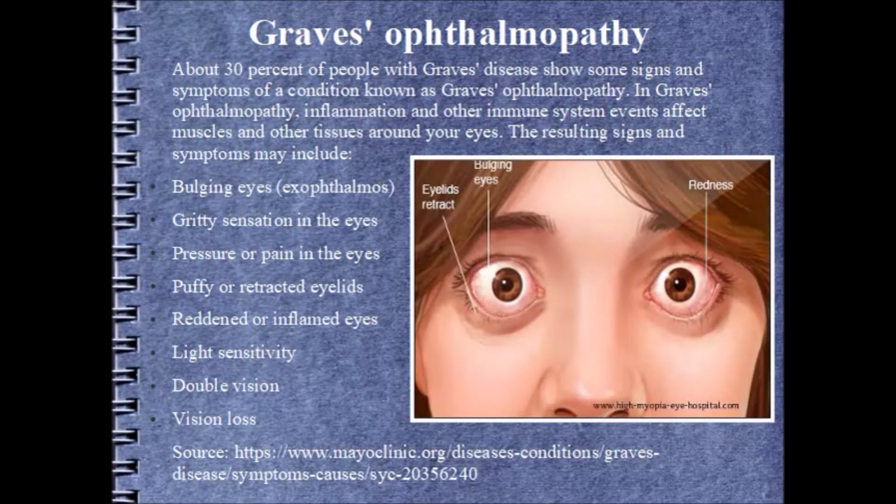The resulting signs and symptoms may include bulging eyes, which is one of the most common symptoms, a gritty sensation in the eyes, pressure or pain in the eyes, which is to be expected considering the bulging eyes, puffy or retracted eyelids, reddened or inflamed eyes, light sensitivity, also known as photophobia, double vision, and vision loss.